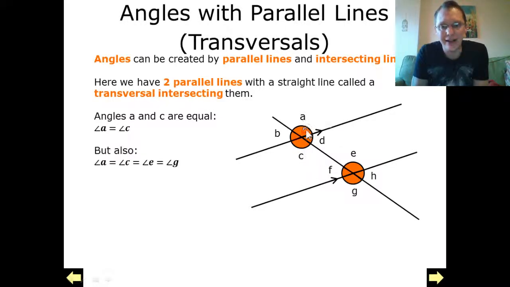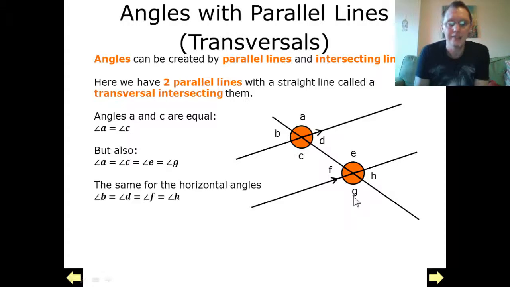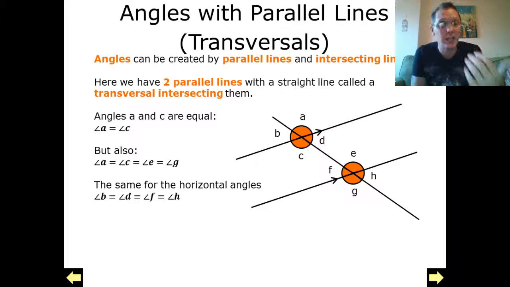But also angle A is going to be equal to angle C, which is equal to angle E, which is equal to angle G. Exact same as angle B is going to be equal to angle D, which is going to be equal to angle F, which is going to be equal to angle H. Now, even though these are horizontal, they've still got the exact same name of vertically opposite angles.